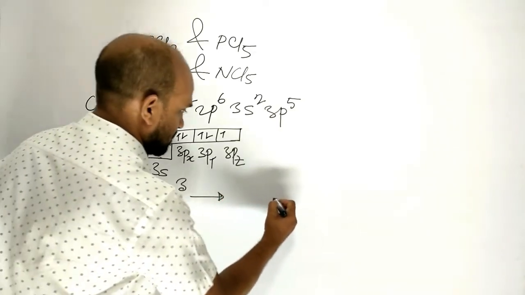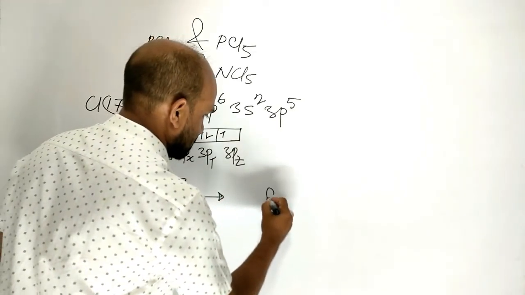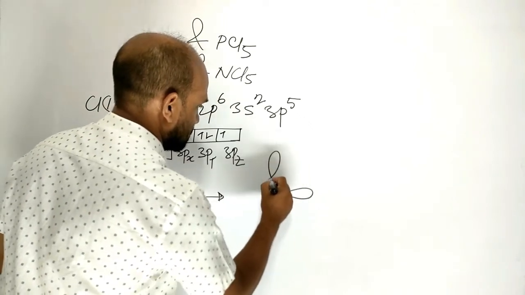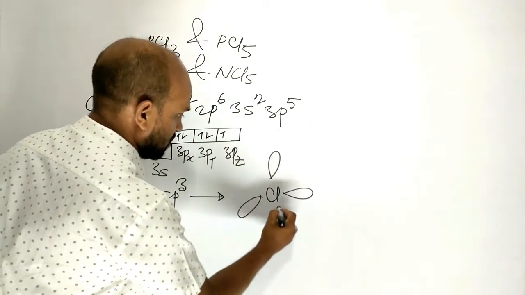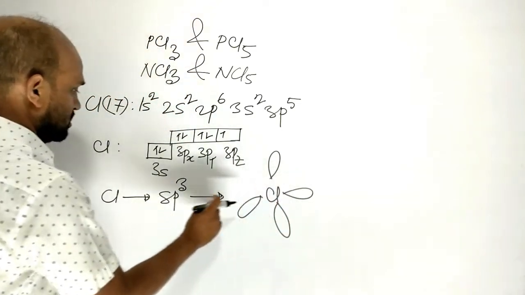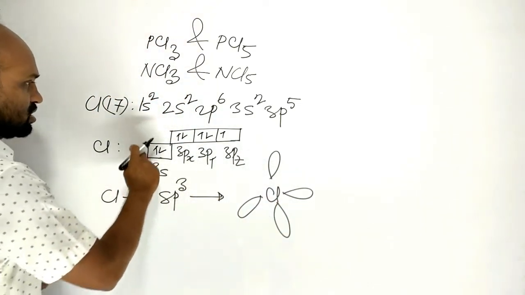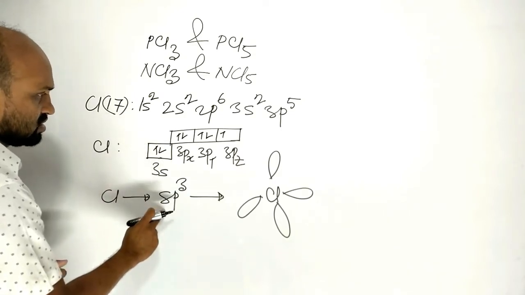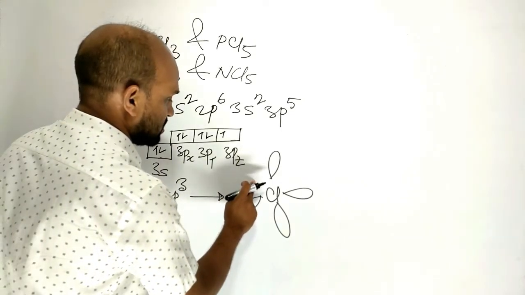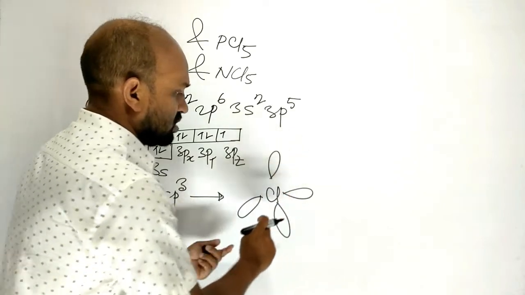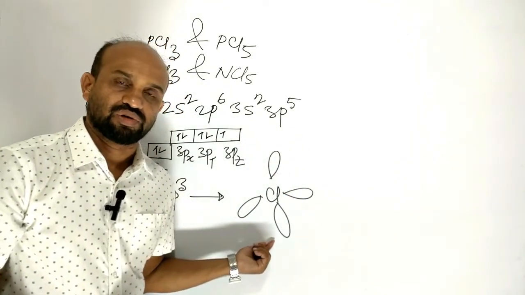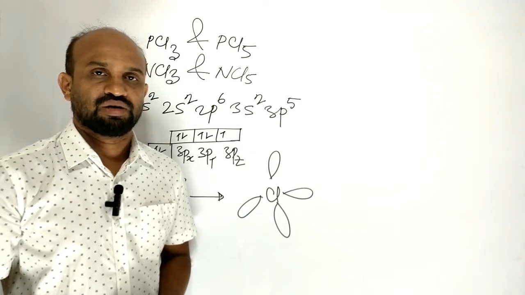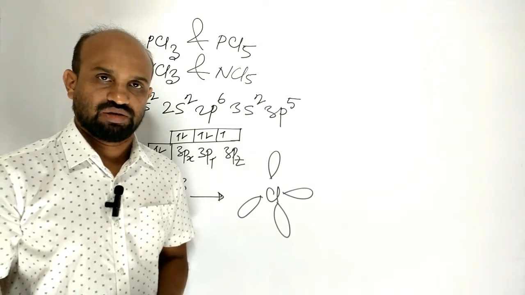Total 4 orbitals take part in hybridization, and after hybridization, total 4 orbitals are formed, which are similar in shape and of same energy.